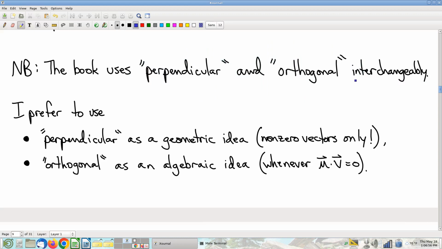There's a couple of different ideas that might pop into your head when you see these words. Now, the first idea is what I'm going to call a geometric idea. By a geometric idea, I mean we're talking about if you have one direction and another direction, and the angle between those two directions is pi over 2, 90 degrees.